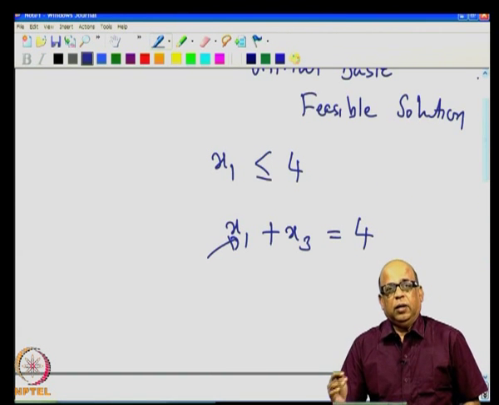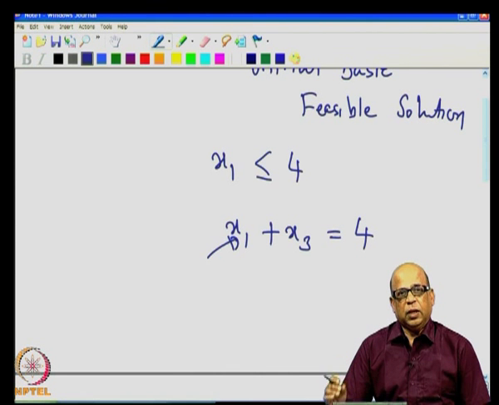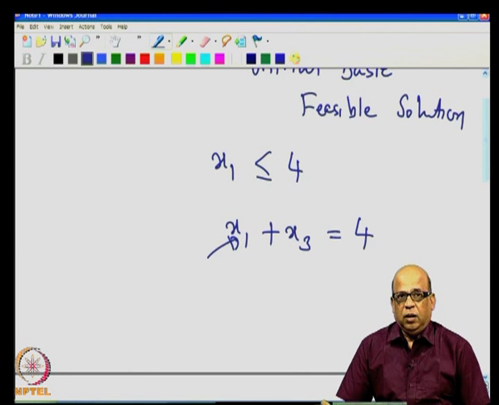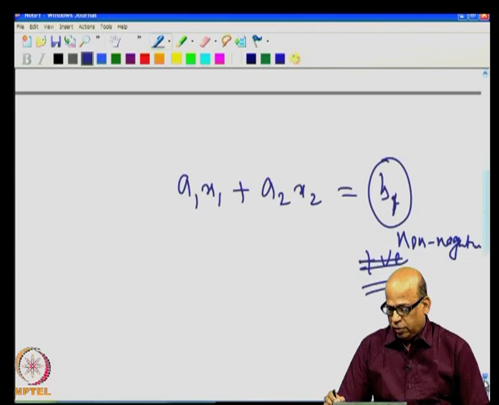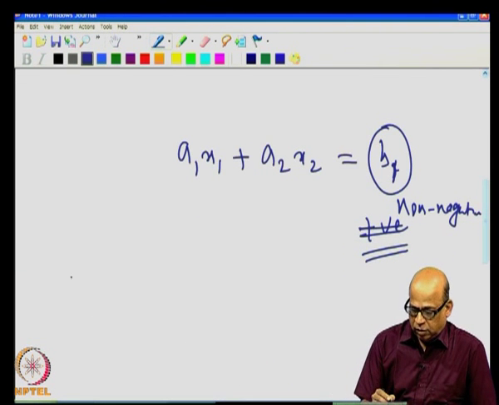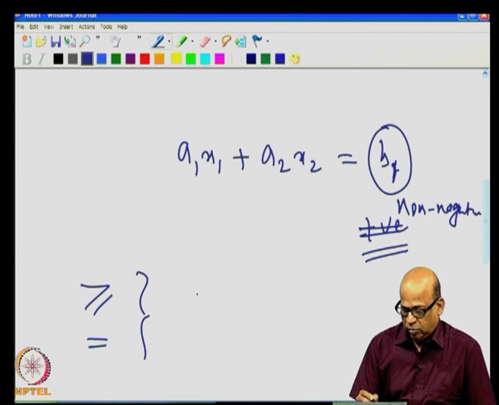Okay. So, there are conditions where you will not be able to straight away get an initial basic feasible solution to start the simplex algorithm. In such situations, when you have a greater than or equal to constraint or an equality constraint, you add what are called artificial variables.